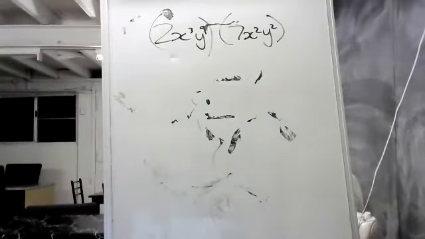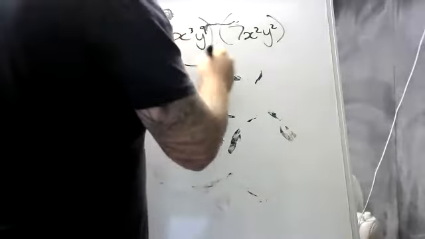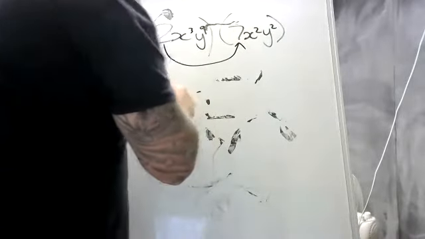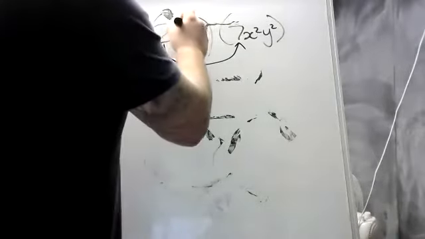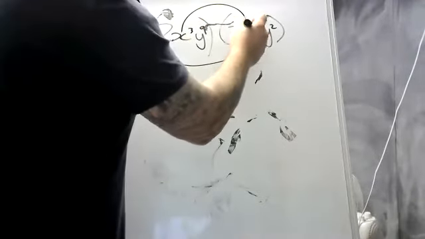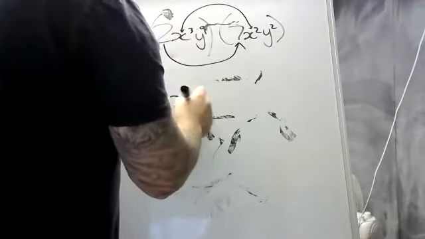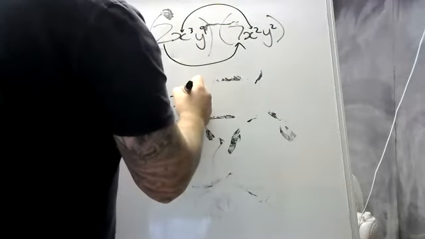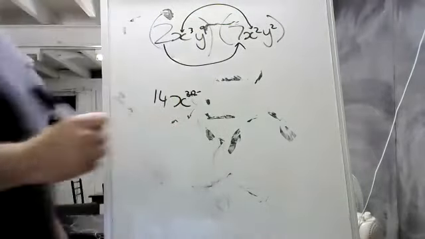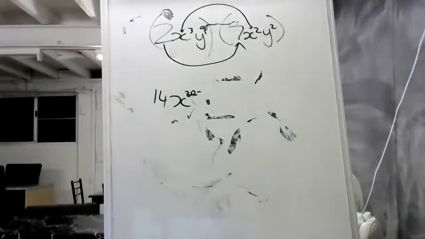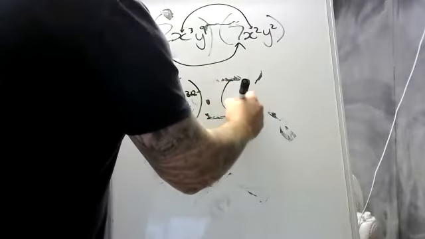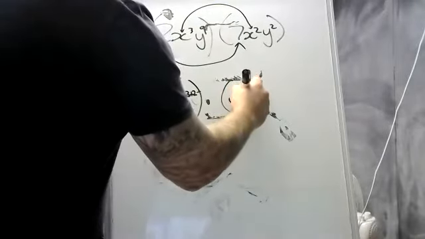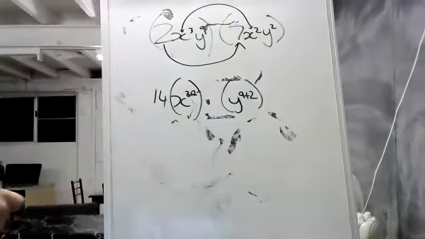So first things first, easiest thing to do, 2 times 7, we've got 14. We know with our multiplication rules, we just add 3 and 2. Do the same thing, put it in brackets first. 9 plus 2. So we would then have 14.